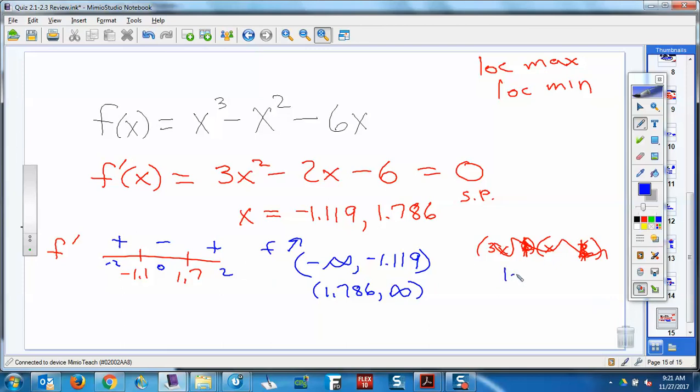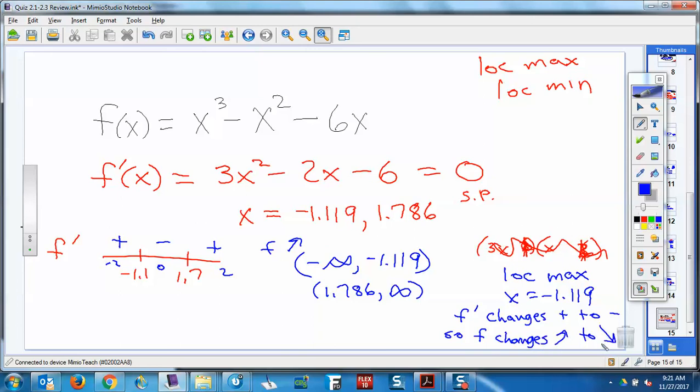If they wanted to know local max, that's when we would say at x equals negative 1.119, F prime changes, and they would probably say justify your answer. F prime changes positive to negative, so F changes from increasing to decreasing. That's what we said.